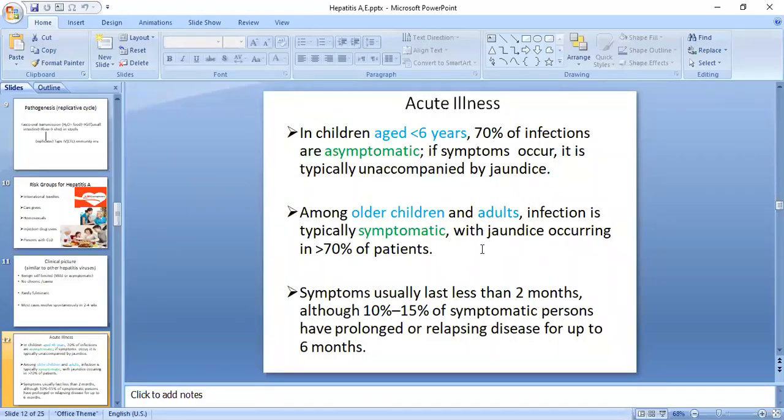And in older children and adults, the infection is symptomatic, with symptoms occurring in more than 70% of patients. So older children and adults are symptomatic in 70% of patients, while children less than 6 years are asymptomatic.